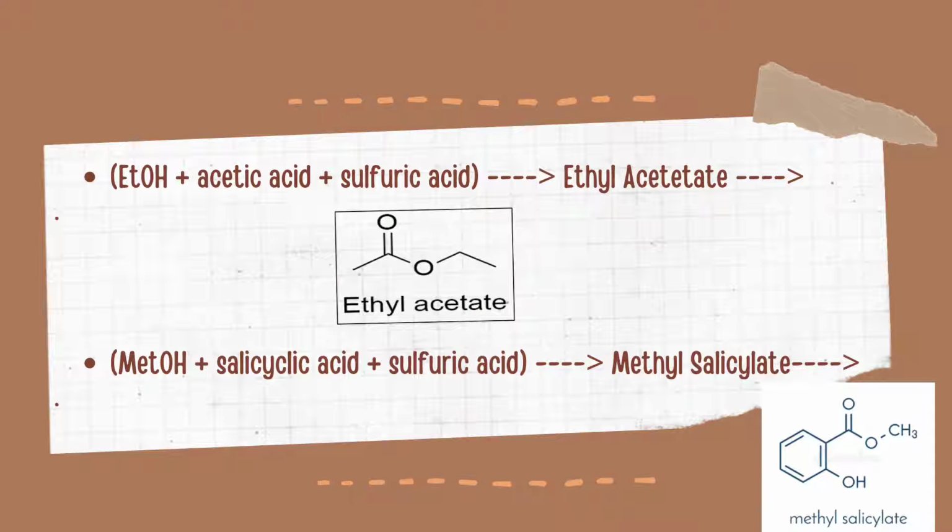Give the names and structure of the ester for the above reaction. For the first reaction, EtOH plus acetic acid plus sulfuric acid, its name is ethyl acetate. This is the structure of ethyl acetate.